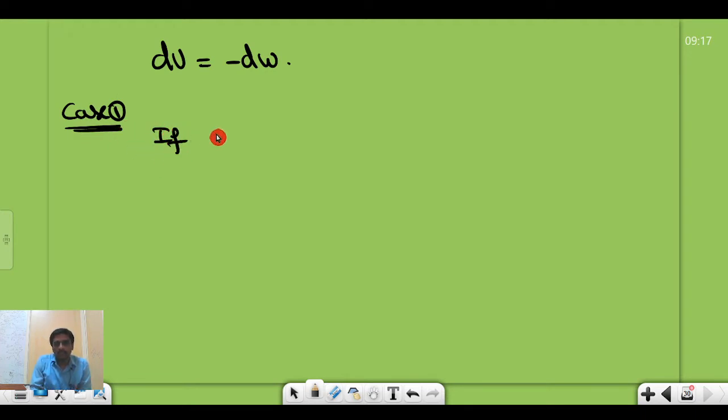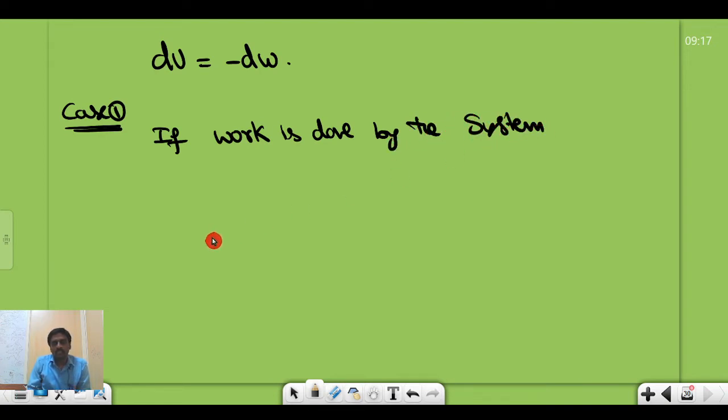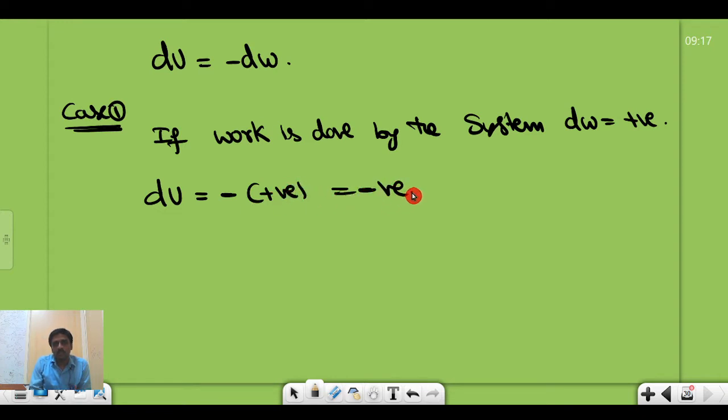As per the conventional signs in thermodynamics, work done by the system is taken as positive work, so dW is a positive value. Substituting in the above equation, dU is equal to negative of some positive value, that is a negative value.